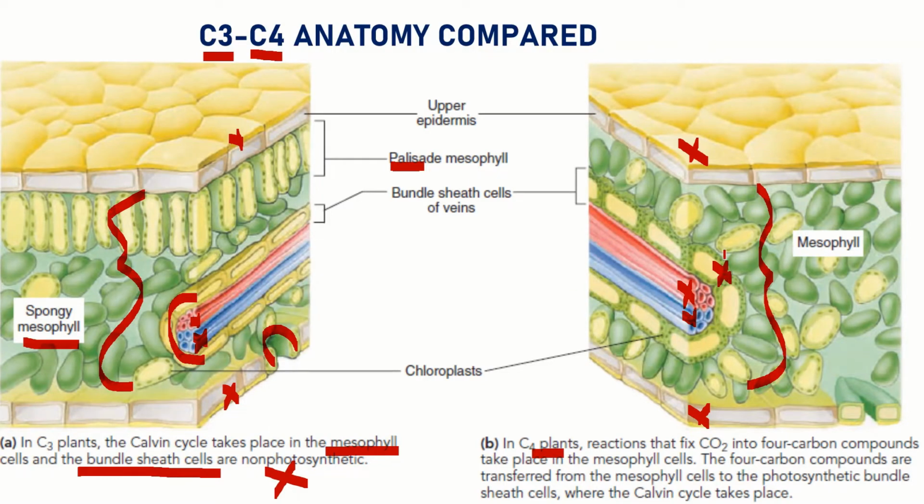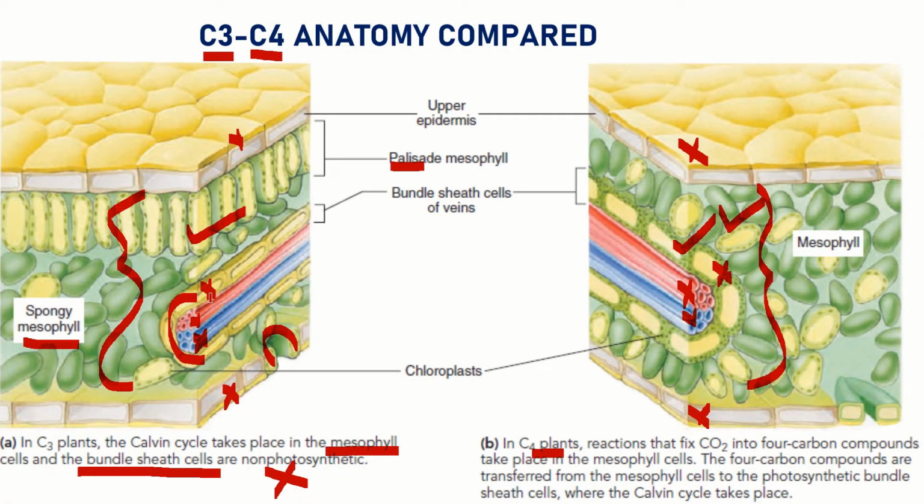So in C4 plants, the mesophyll cells are taking part in photosynthesis, and also the bundle sheath cells are taking part in photosynthesis. While in the C3 plants, the mesophyll is taking part in photosynthesis, but the bundle sheath tissue is not taking part in photosynthesis. That is the difference.